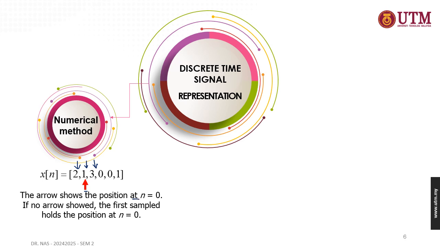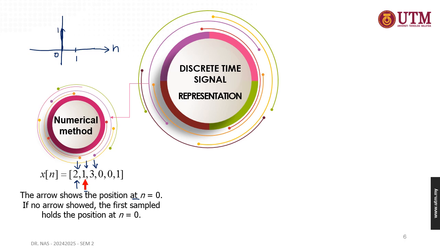But if there's no arrow shown, you can assume that the first one is the 0 position. So in this case, the arrow points at 1, meaning that at n equal to 0, the amplitude is 1.